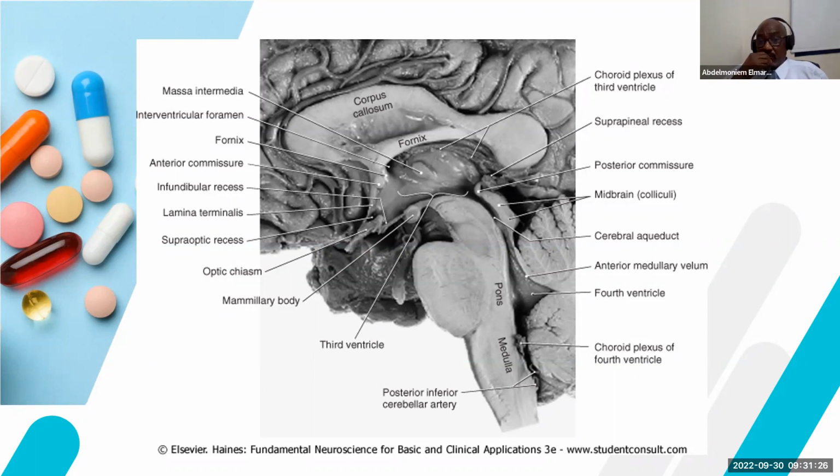The other piece of information is related to the content. You can see there, choroid plexus of the third ventricle. It is in the third ventricle, but it's an extension of the choroid plexus of the lateral ventricle through the interventricular foramen of Monro. We have an extension of the choroid plexus of the lateral ventricle, making the plexus in the third ventricle.